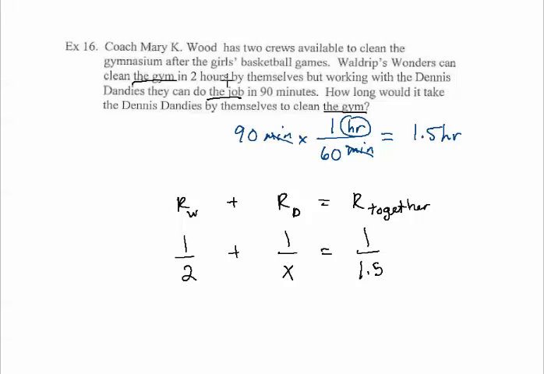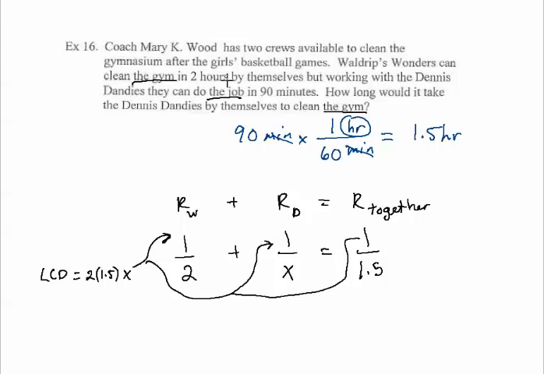And so what we do here, to make our life easy, we can just simply go through and multiply all of the terms by all of the denominators, the 2, the 1.5, and the x. That'll knock out each of the fractions, because that is the whole point of multiplying by the LCD, to get rid of the fraction. So we'll put it on the top of each of the fractions.